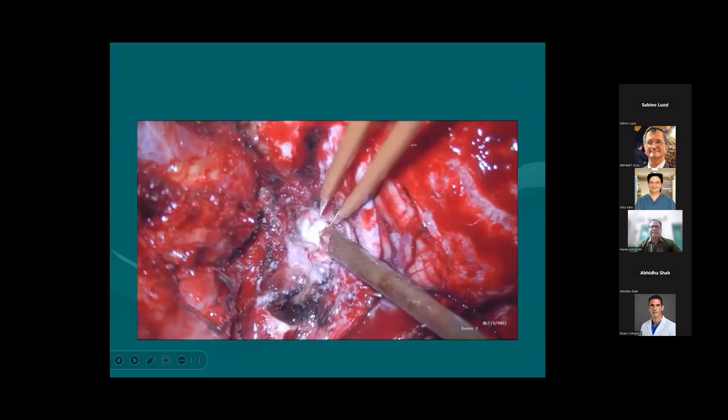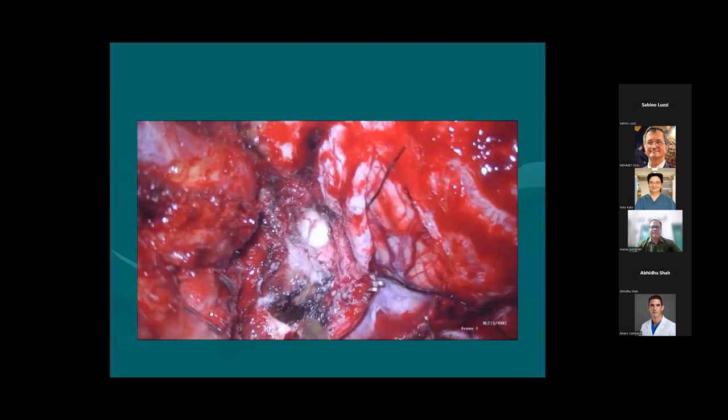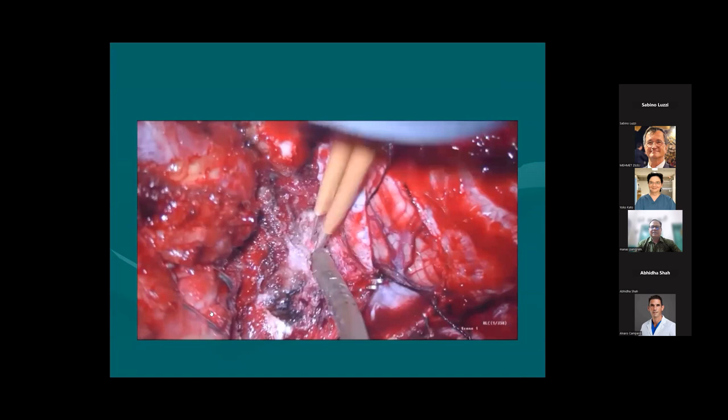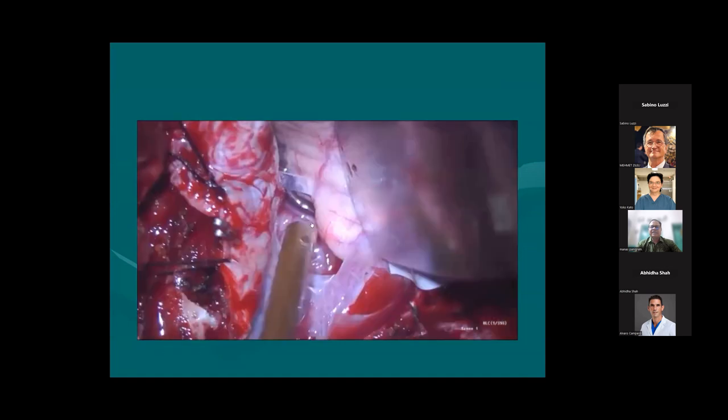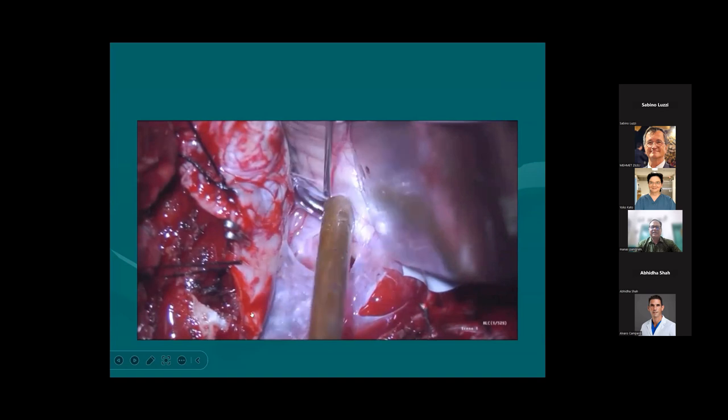And the dura is reflected laterally. And then the vertebral artery is identified, and the tumor is identified there.